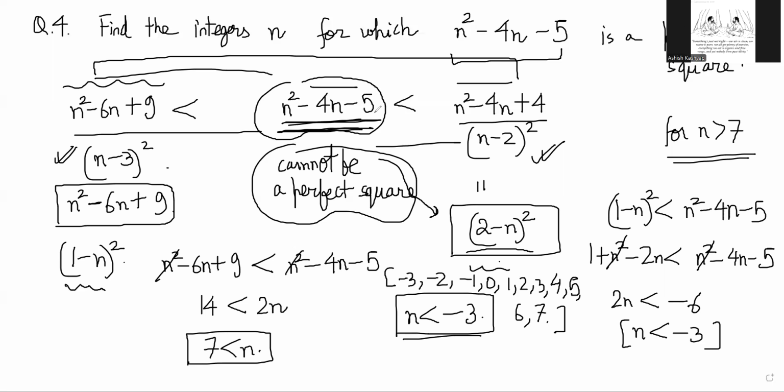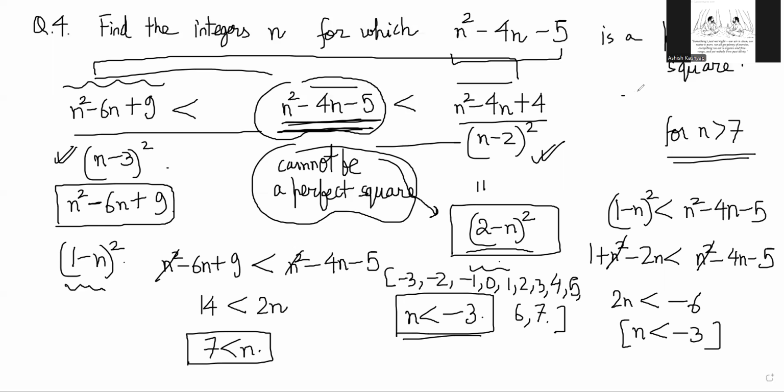So minus 3, if you put, for example, you'll get 9 plus 12, 21 minus 5, 16. It is becoming a perfect square for minus 3, right? Similarly, minus 2, if you check, you get 4 plus 8, 12 minus 5. No, it doesn't work for minus 2. And we just directly check it and you will get 4 of them which will work and others won't work.